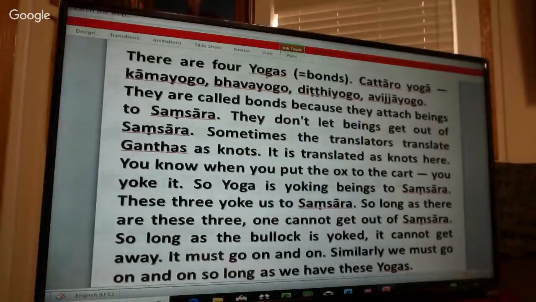So yoga has this meaning. So cittayoga, the yoga is also four. Same, kamayoga, in a different way. Because of different persons, different listeners, different views, the Buddha explained in a different way, with a different name, because they understand the Dhamma with that meaning.